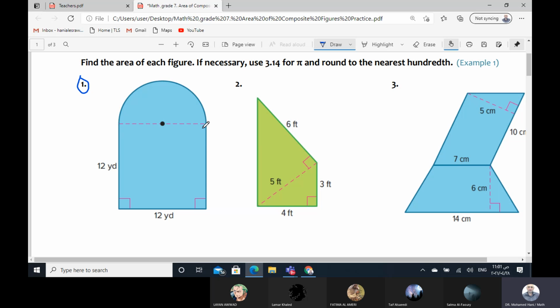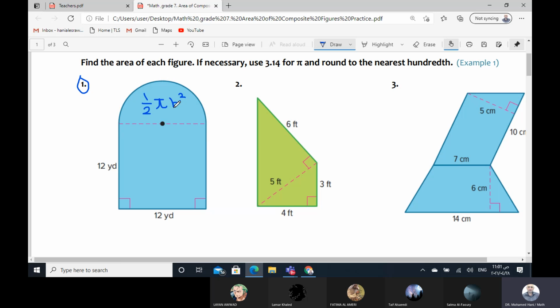Okay, listen to me here. Here we have semicircle. The area of the semicircle will be 1 over 2 pi r squared, and the r is the distance between the center of the circle and the point from the circumference.